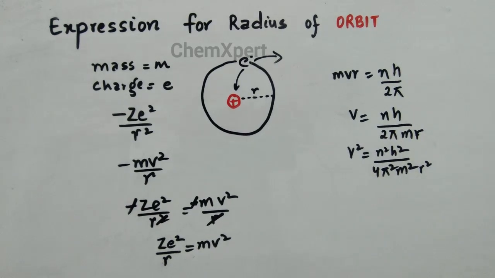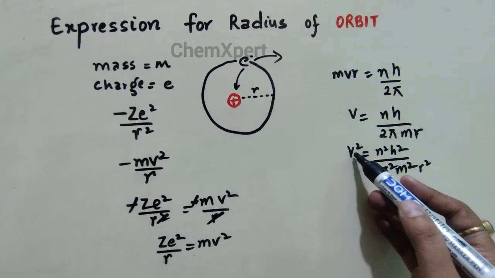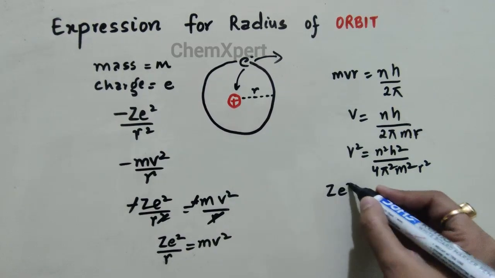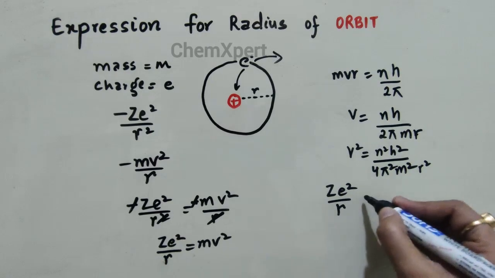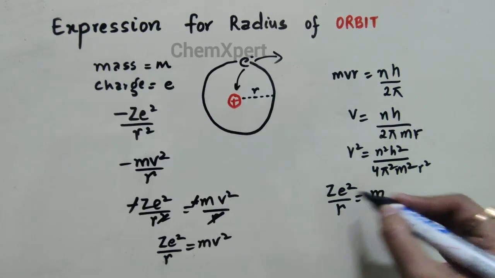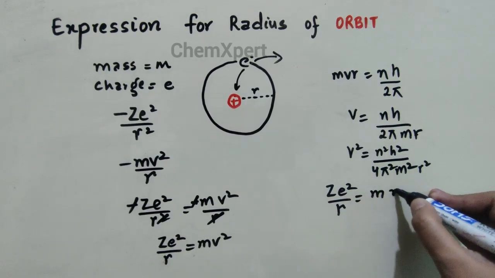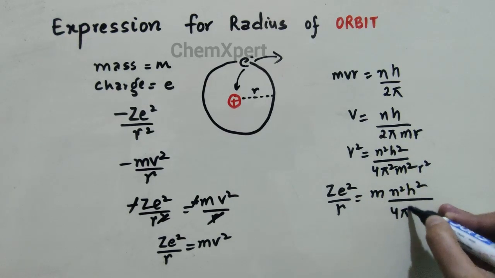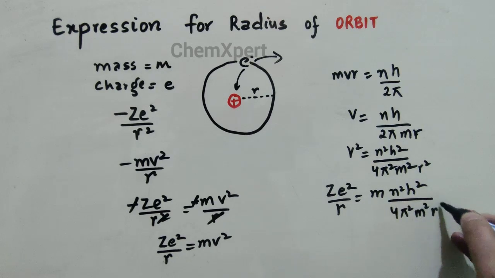So now substituting this value here, we get Ze square by r is equal to m times v square, which is n square h square over 4 pi square m square r square.